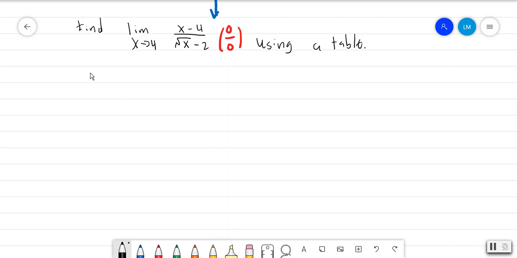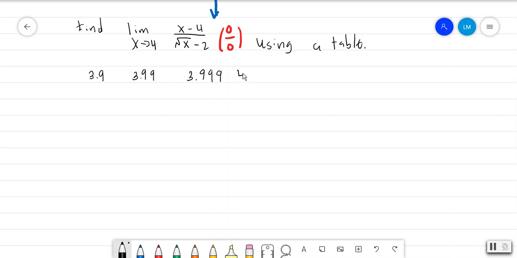So for example, we're going to set up a table like 3.9, 3.99, and then 3.999. Not sure why I was thinking 1.